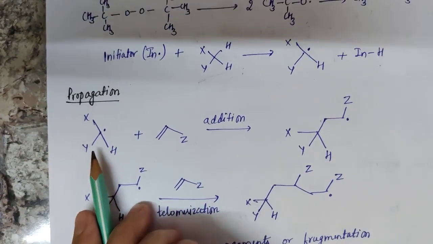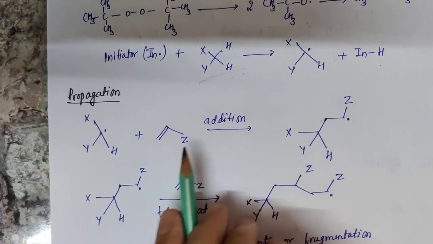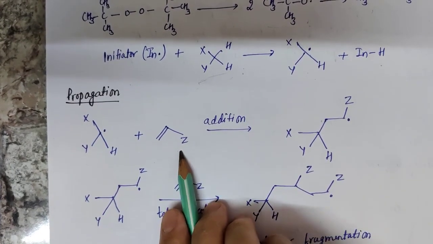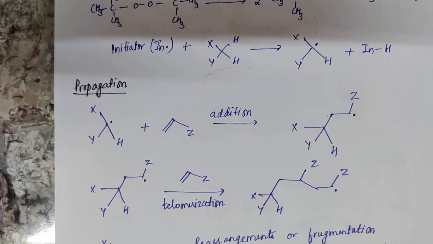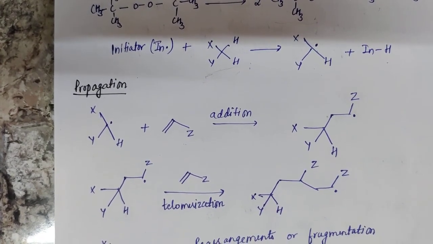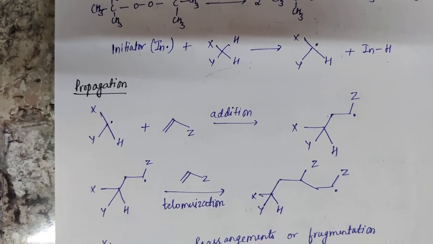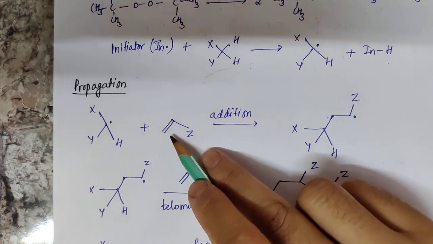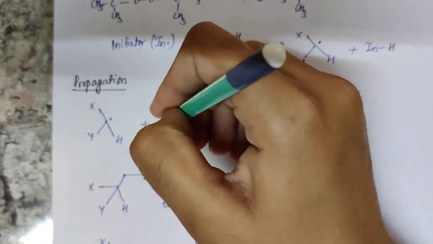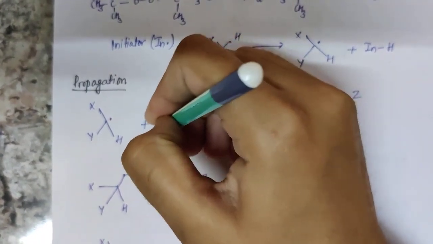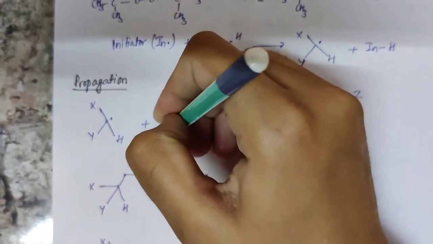Now if we look at the propagation step, this radical will react with another reagent, another reactant, and undergo addition reaction. Bond formation will, this is electron rich double bond.